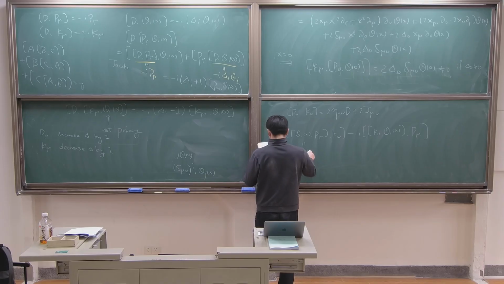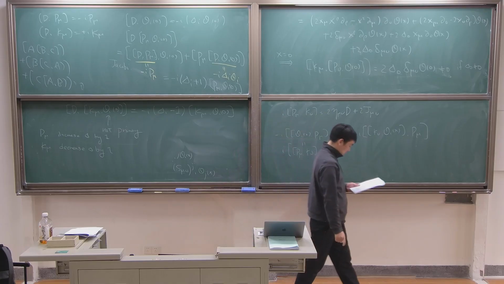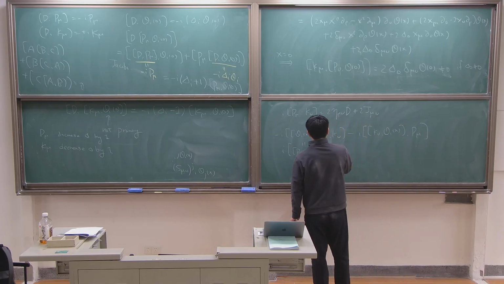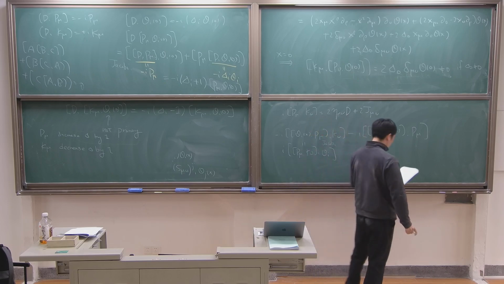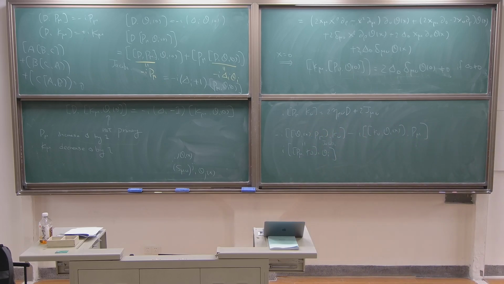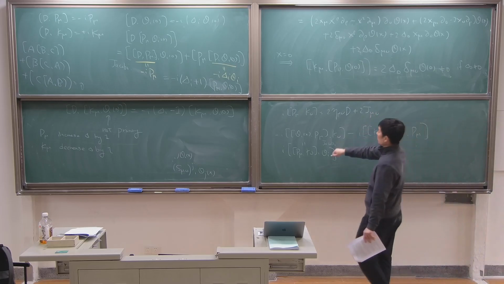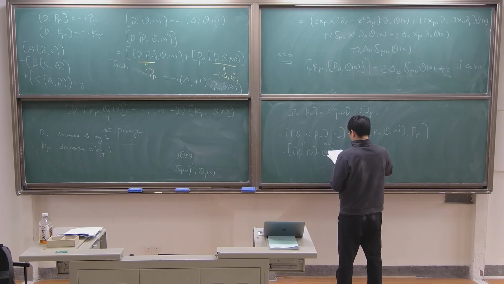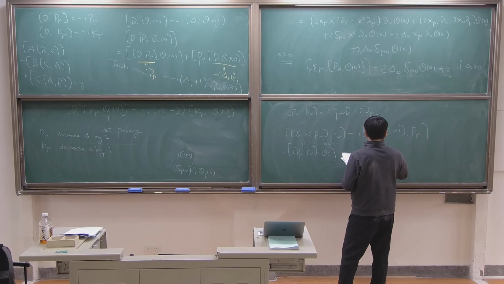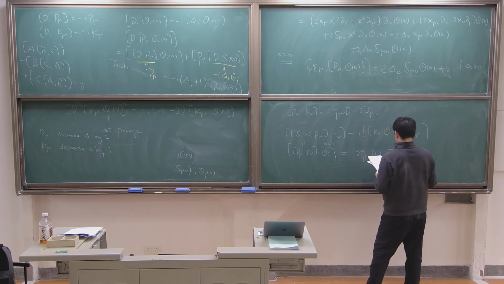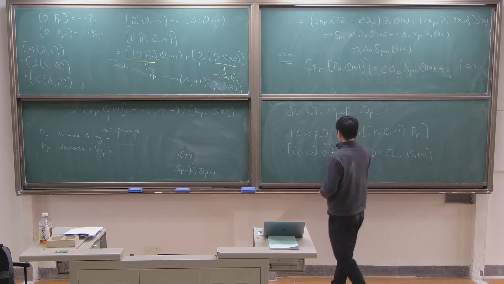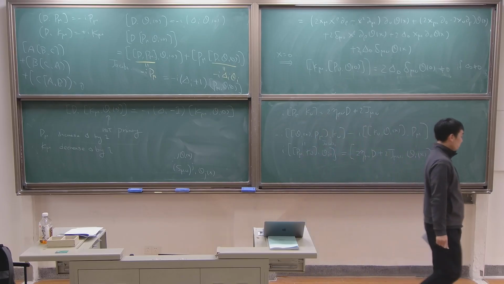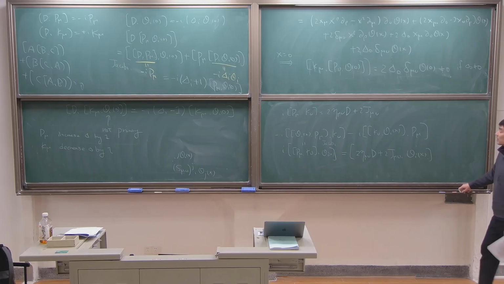It's a good exercise to plug that in here. What you should get is 2 eta mu nu D plus 2 J mu nu acting on the operator O of x. So that's the case.